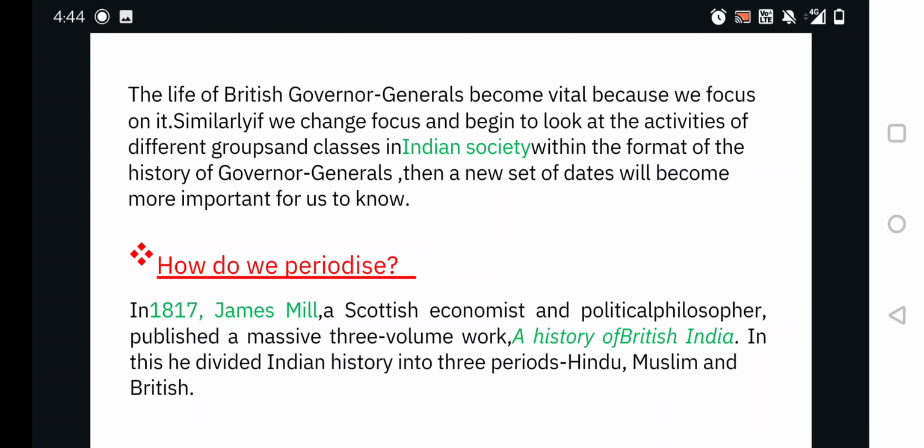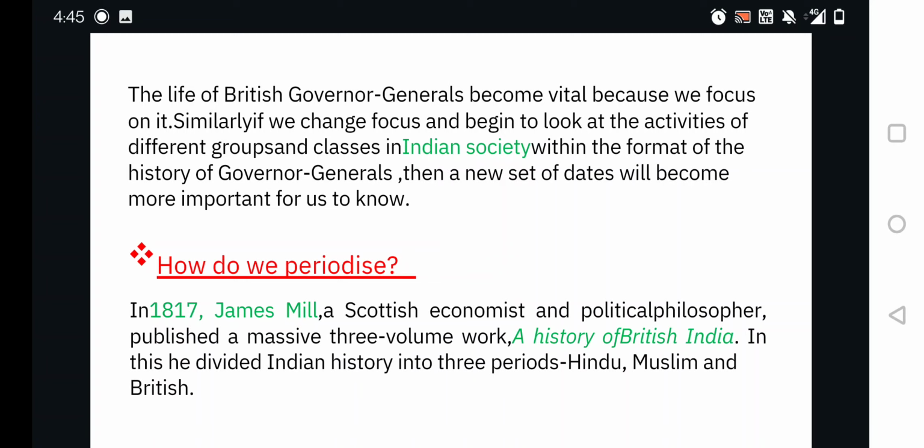So this is the periodization. Now you should know the meaning of periodization. It is when you divide events on the basis of similar features, or some similarity according to the time period. In a particular time period, certain similar activities happened, and there is a transition after that. So they used to do the division like that, and this process was known as periodization.